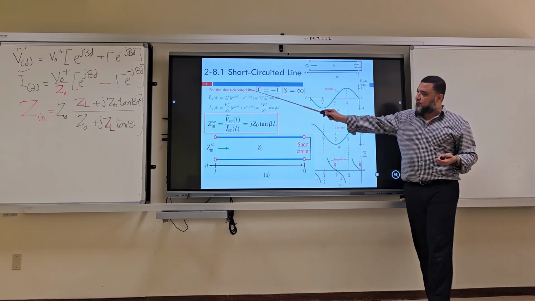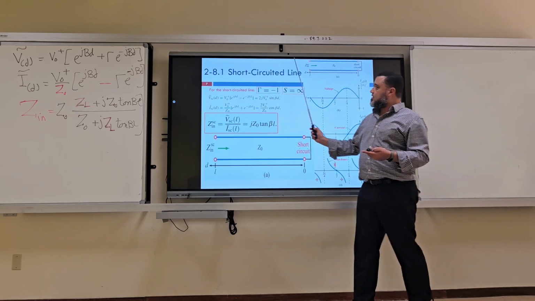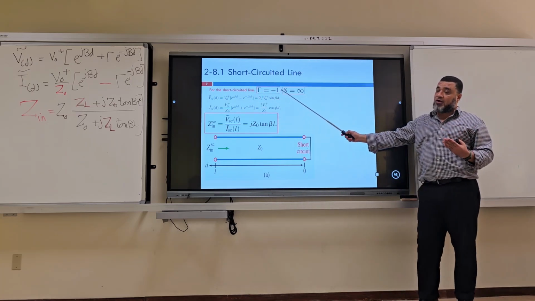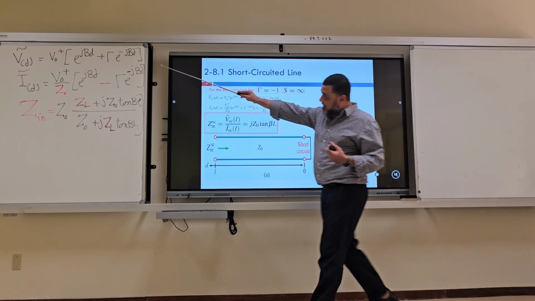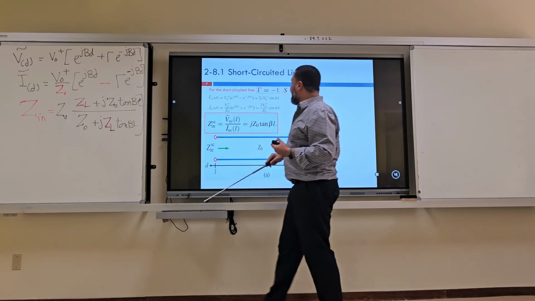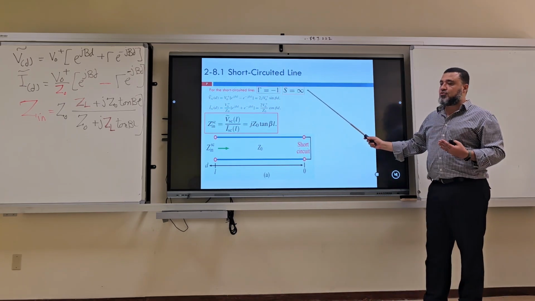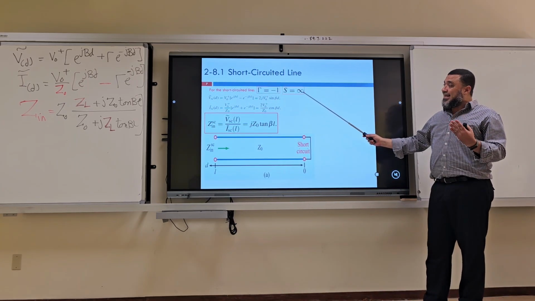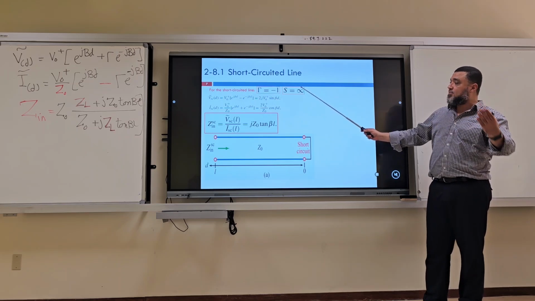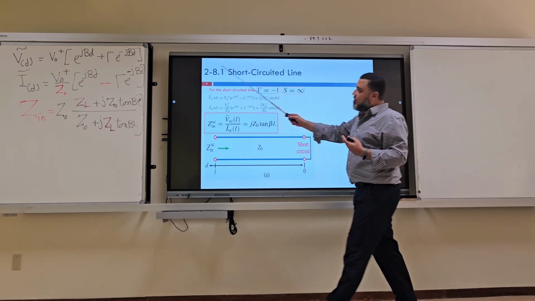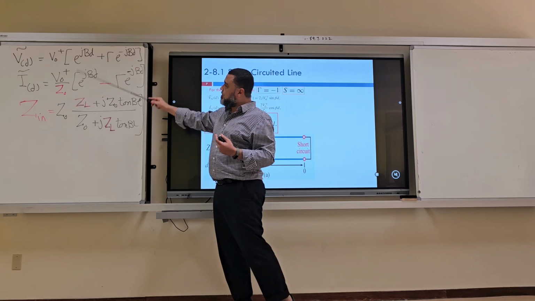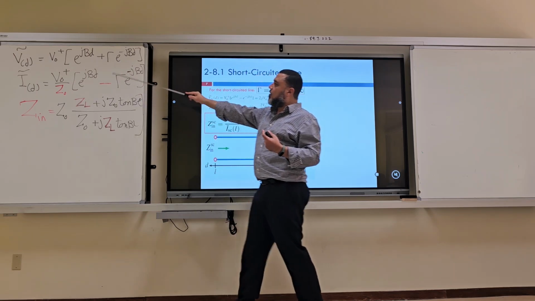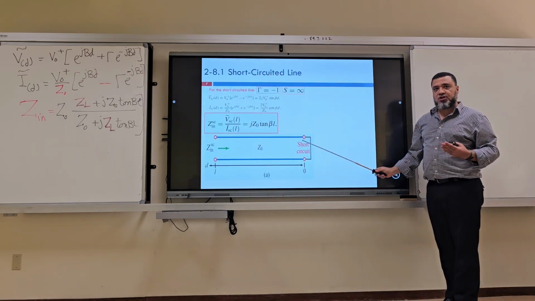Looking here, this is the voltage and the current. A short circuit transmission line means gamma is -1. The reflection coefficient will be -1, and the standing wave ratio is infinity. This is the case of full reflection, so all the signal is being reflected back. If you take gamma equal to -1 in these two equations, this will give you V and I at any point along the transmission line.